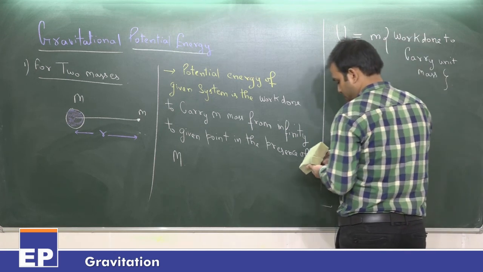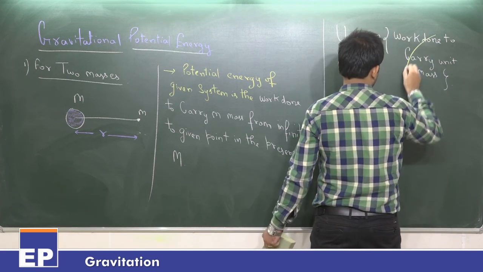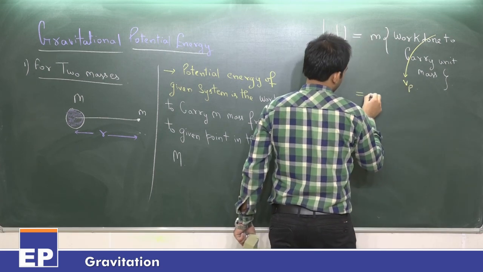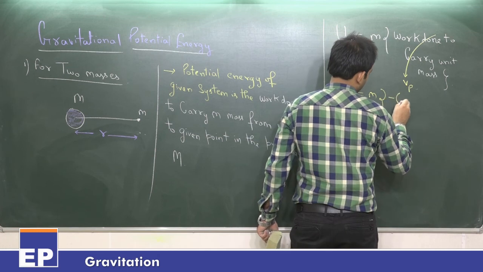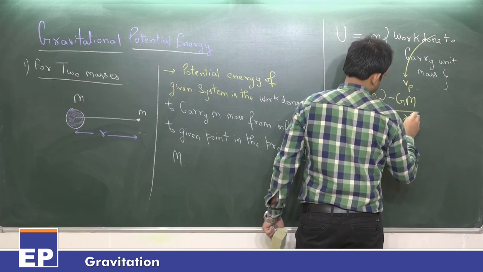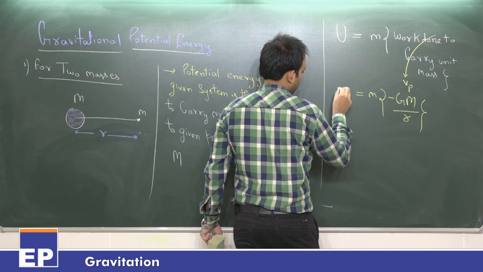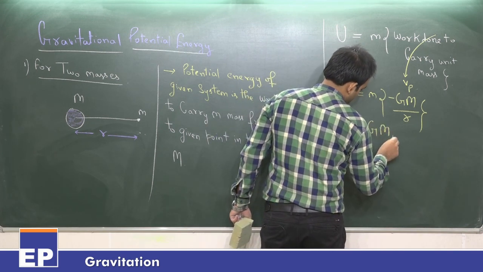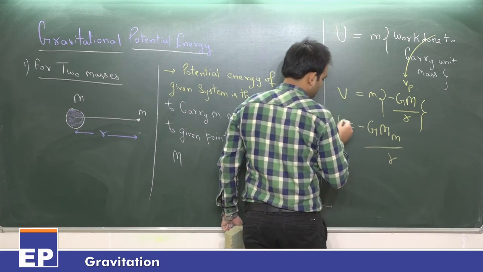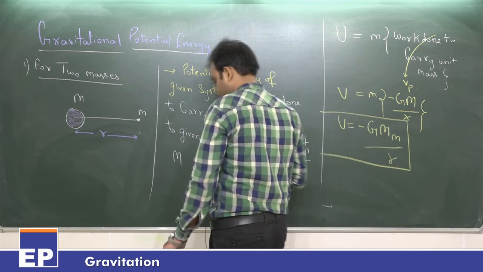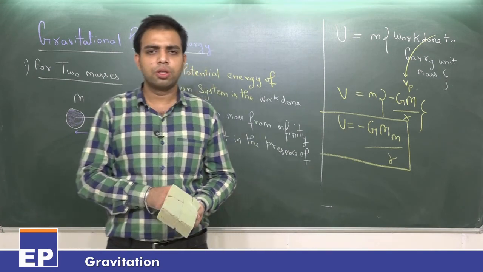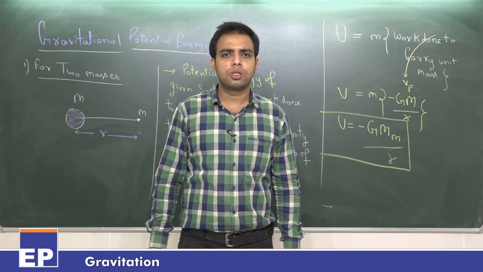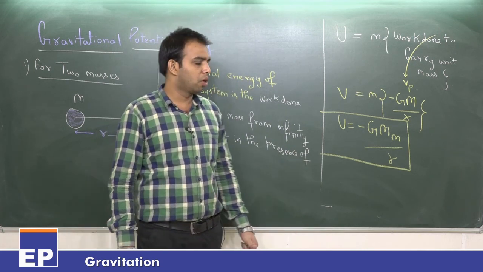That is the potential at point P. So U will come out to be minus G capital M into small m by R. Potential energy of the two particle system. Is it clear to all of you? So it will become the potential energy of the two particle system. That is the thing. Is it right? Write it down, please.